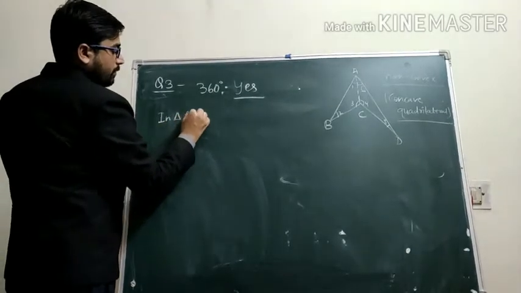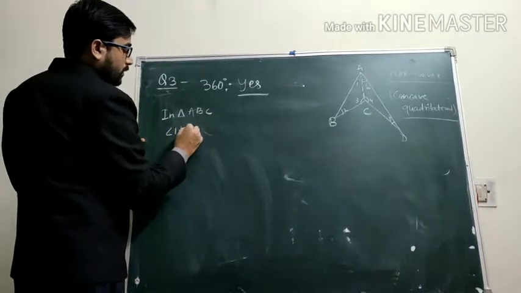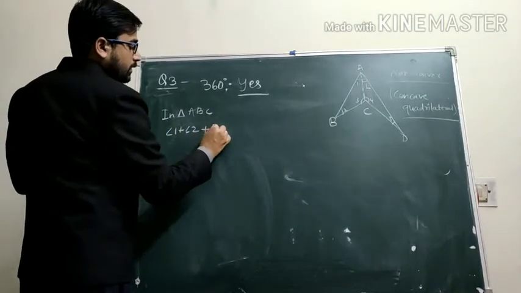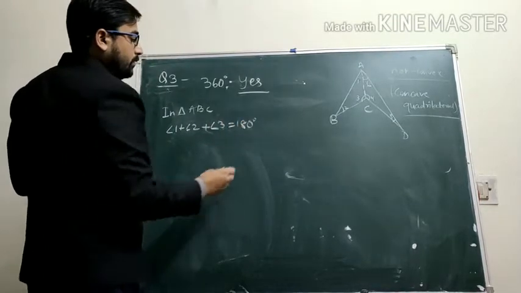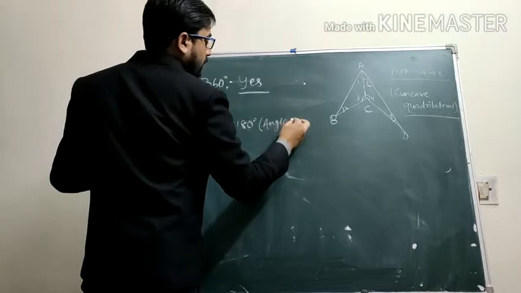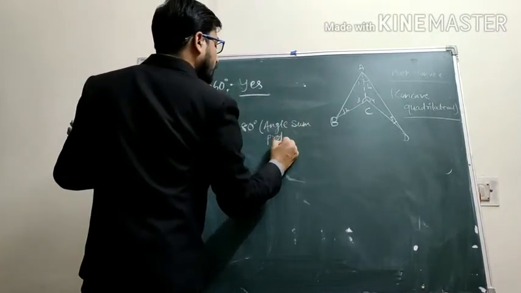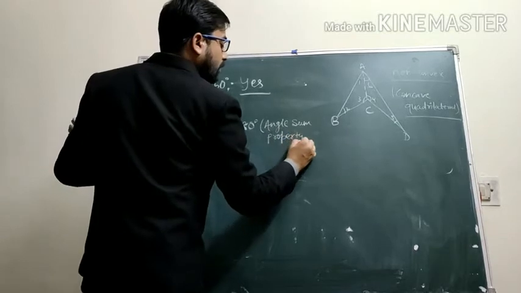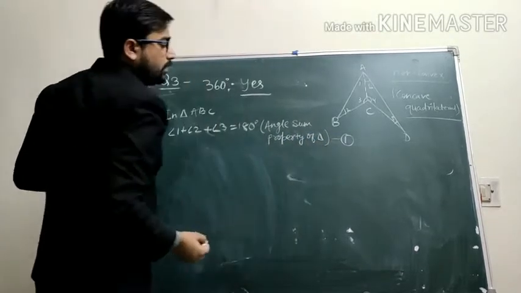Now in triangle ABC, angle 1 plus angle 2 plus angle 3 is equals to 180 degree. You know angle sum property of triangle. This one, equation 1.